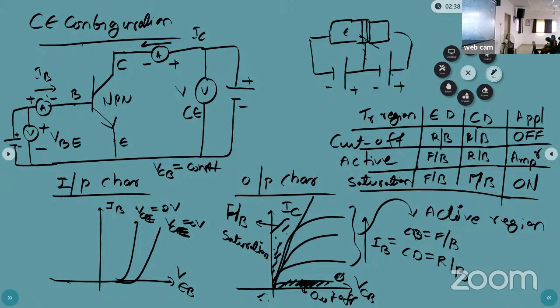The amplifier is nothing but it will strengthen the weak signals. Whatever level we want to increase, that amplifier will increase. In most amplifiers we are using the common emitter configuration. In most cases we use this configuration only in amplifiers. That's a CE amplifier.